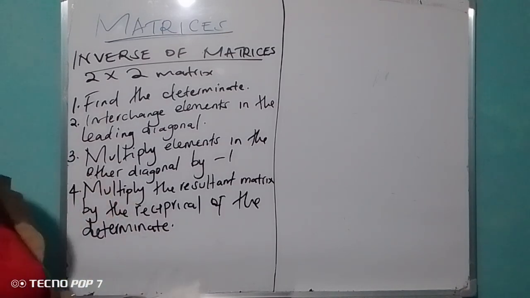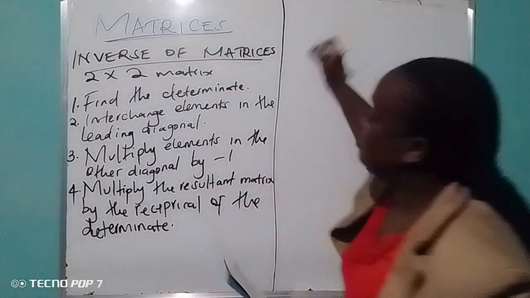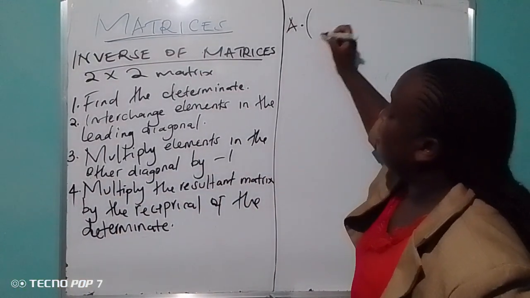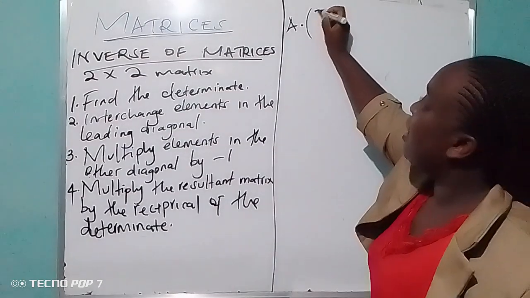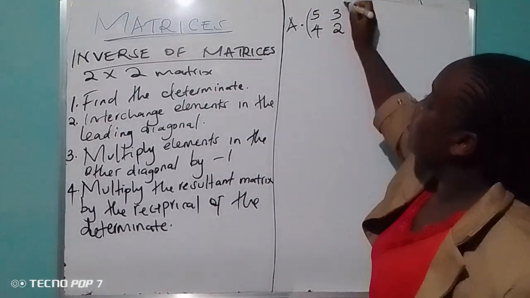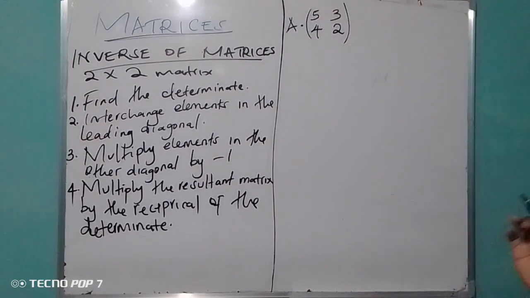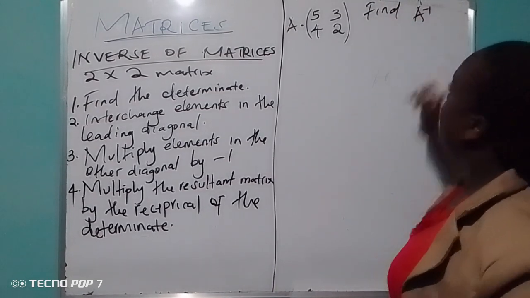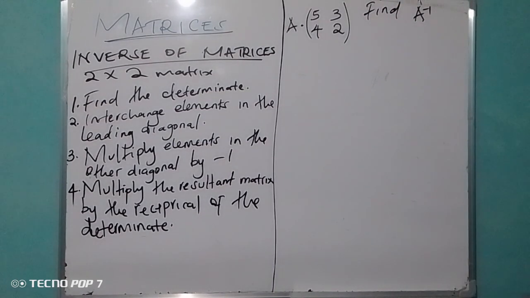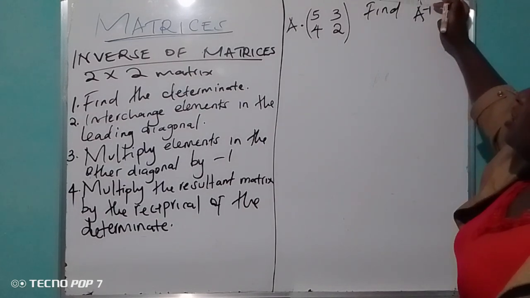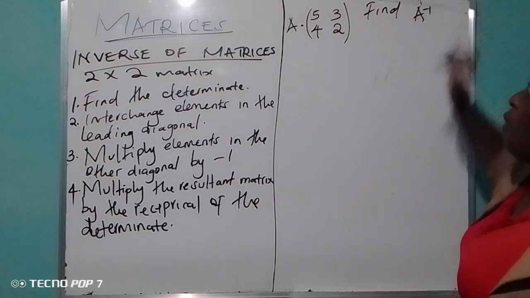So for example, we have a matrix. This is matrix A, which is 5, 3, 4, 2. Those are the elements of matrix A. So find A inverse, or find the inverse of A. It's denoted as A raised to -1.